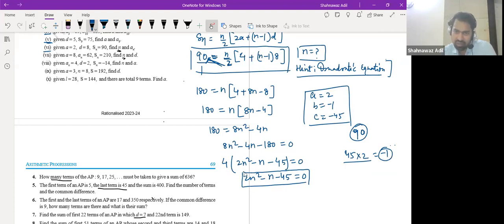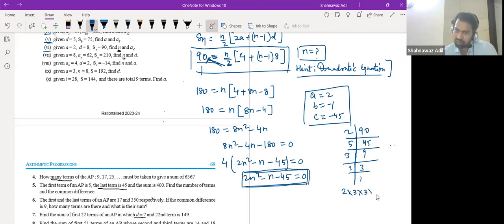Remember, this is a quadratic equation. No, we don't get minus 1. So let me start from the beginning. 90 is 45 times 2, 45 is 9 times 5, 9 is 3 times 3. So this is 2 into 3 into 3 into 5, right? We have to take two factors in such a way that we get minus 1. This is the idea of middle term splitting, right?